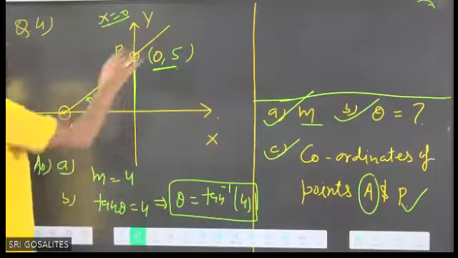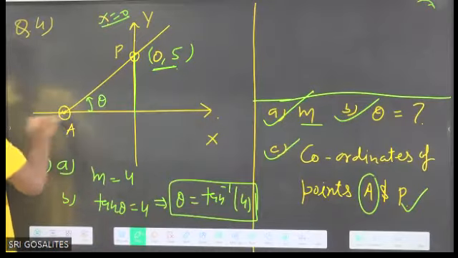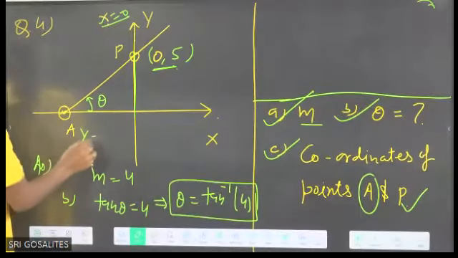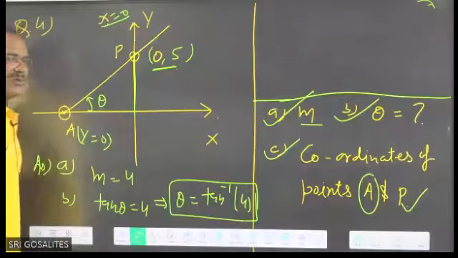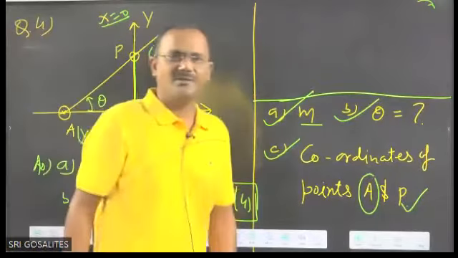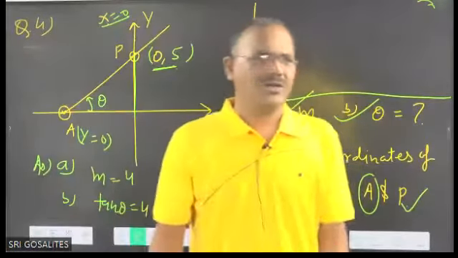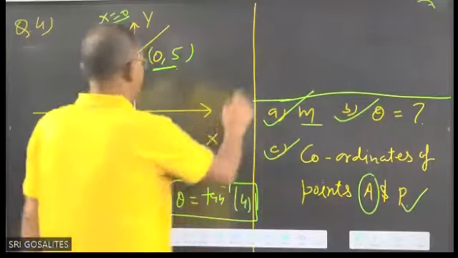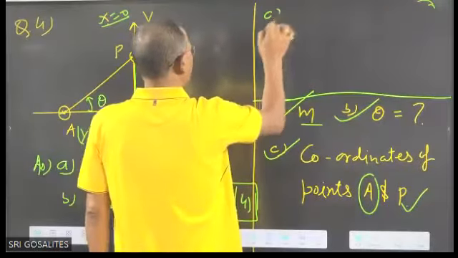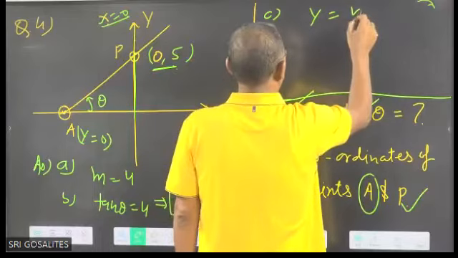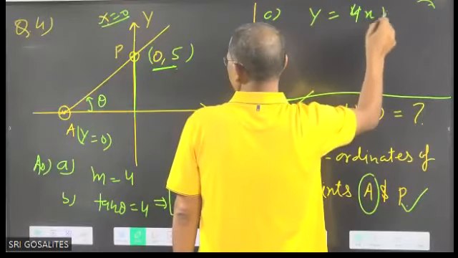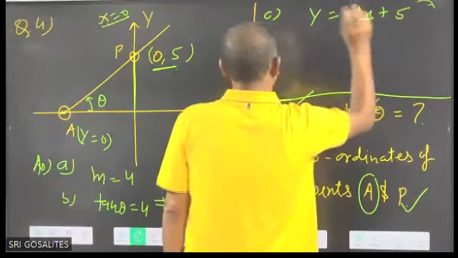You know the line is cutting at point A on the x-axis. Children, on the x-axis, what is the equation of the x-axis? y is 0 here. Is this so or not? If y is 0, how can we write it? Since y = 4x + 5, that's the equation.